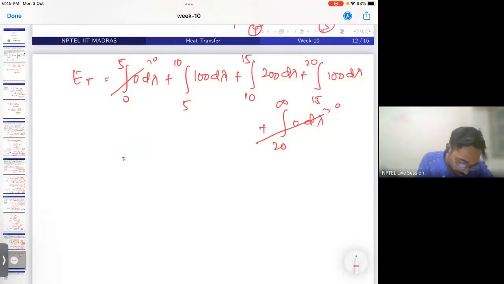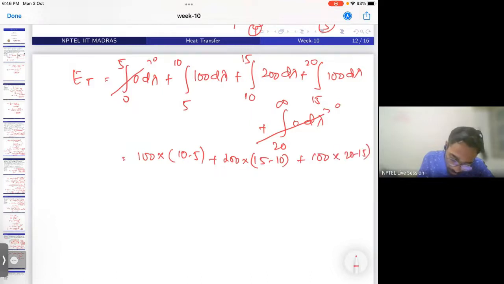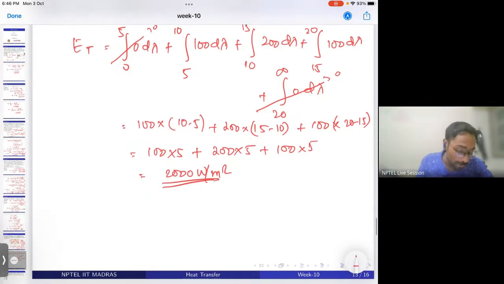It's a constant straight line. So it's 100 into 10 minus 5, plus 200 into 15 minus 10, plus 100 into 20 minus 15. So you'll get 100 into 5 plus 200 into 5 plus 100 into 5. We will get the answer as 2000 watts per meter square. So this is the total emissive power.